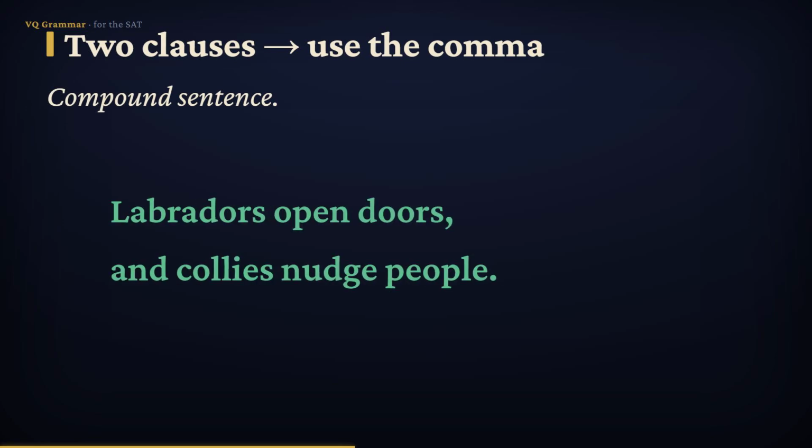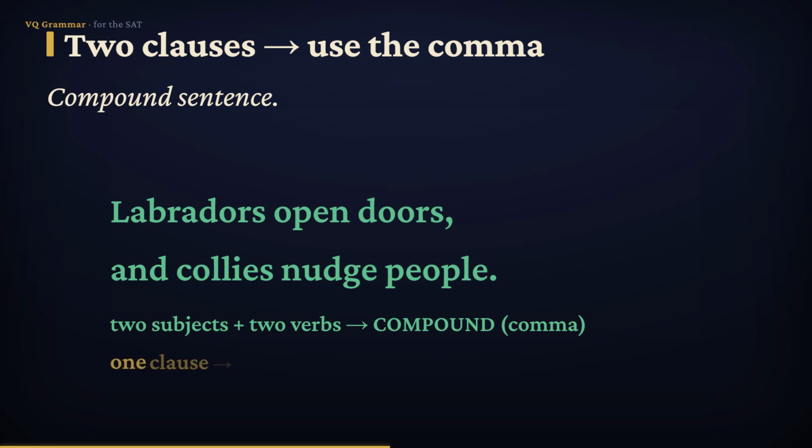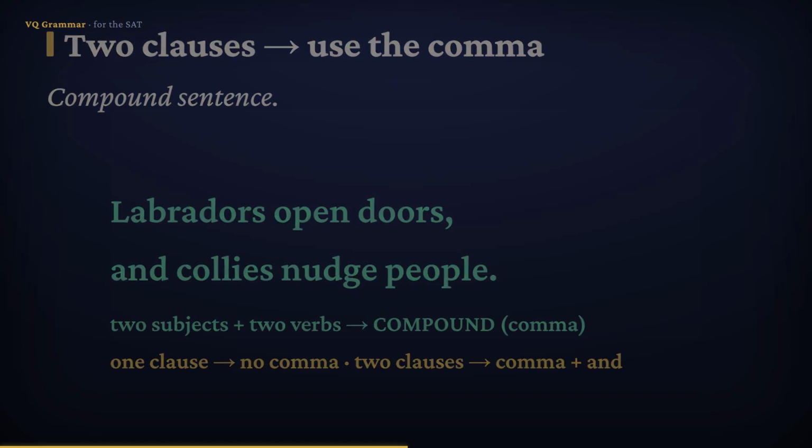Labradors open doors and collies nudge people. Now there are two subjects and two verbs, two complete clauses. So it's a compound sentence, and you do need a comma before and. The test, as always, count the subject-verb sets. One clause, no comma. Two clauses, comma plus conjunction.